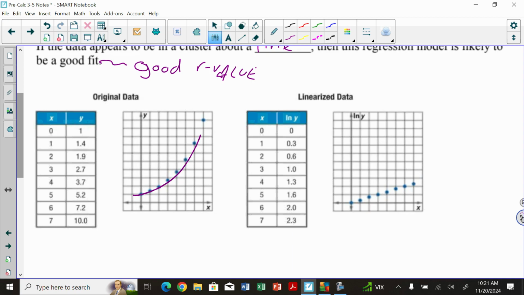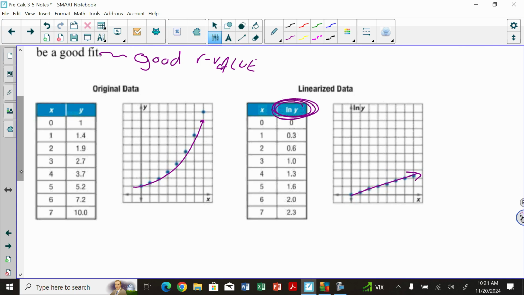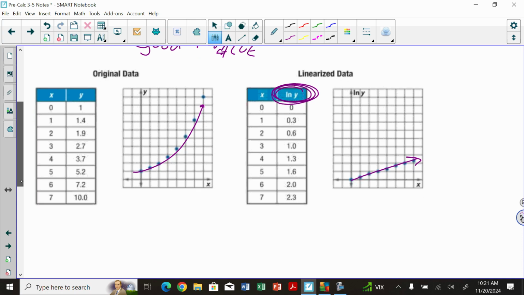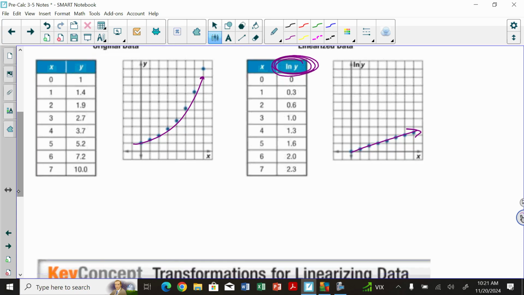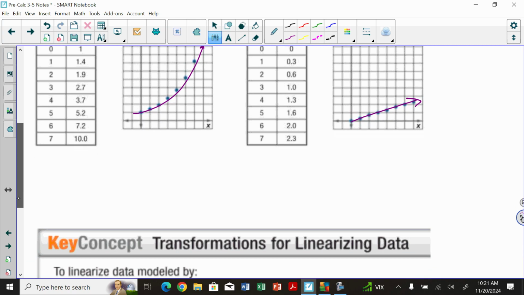It kind of just goes up on that route here. So if we did that, and we'll show you down below in the table, with exponential data we keep the x's the same, but we change y to the natural log of y. And now you can see the graph kind of clusters more in a line. And so now we might be able to have a good correlation value, good R value, because it clusters to that line.